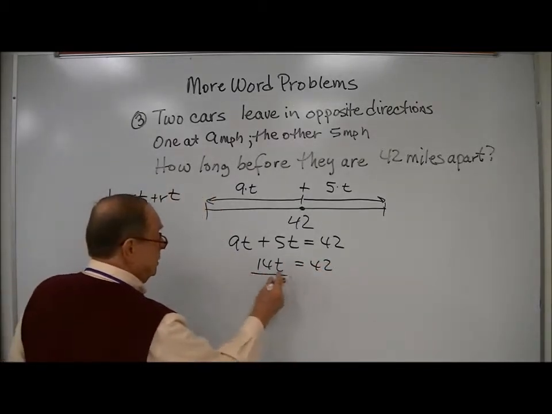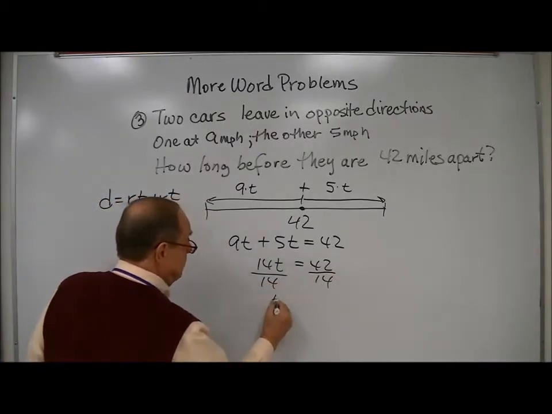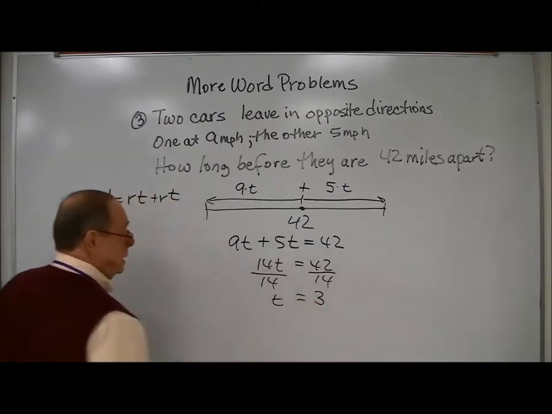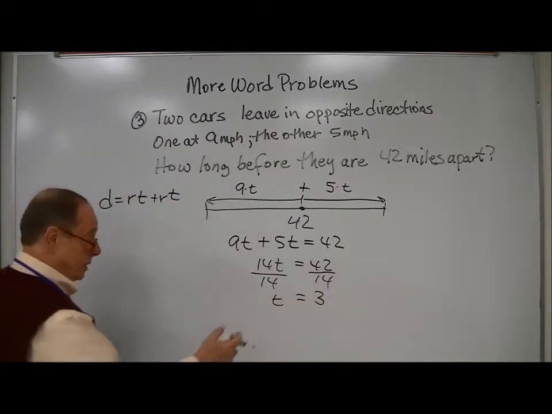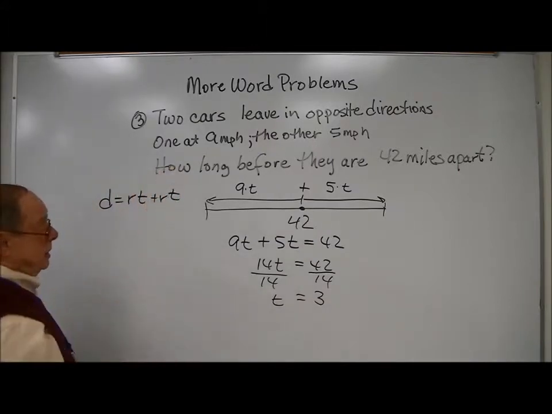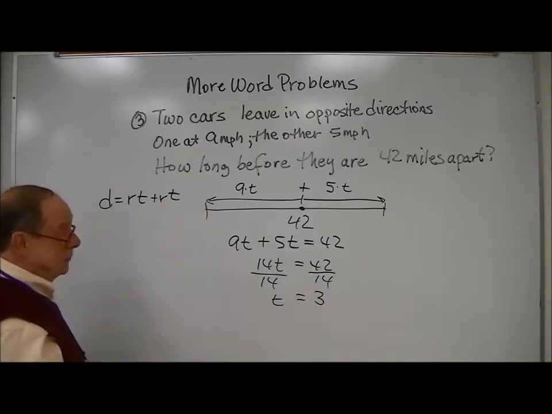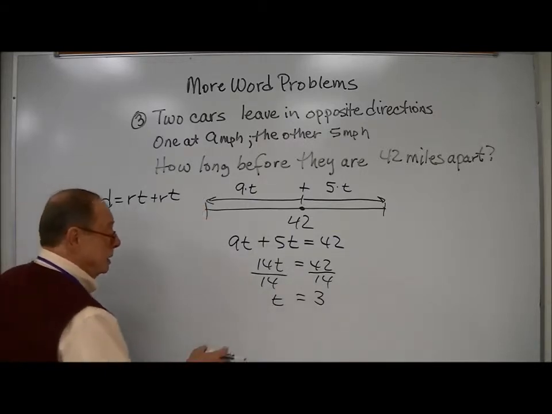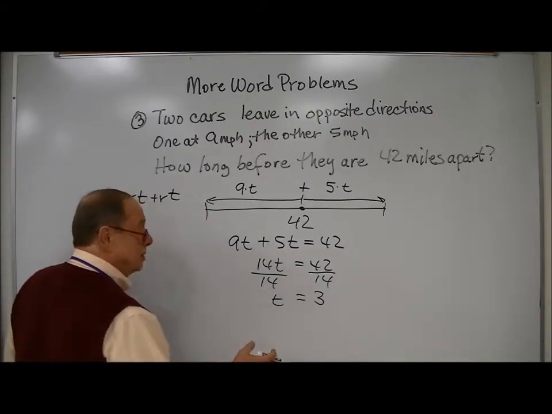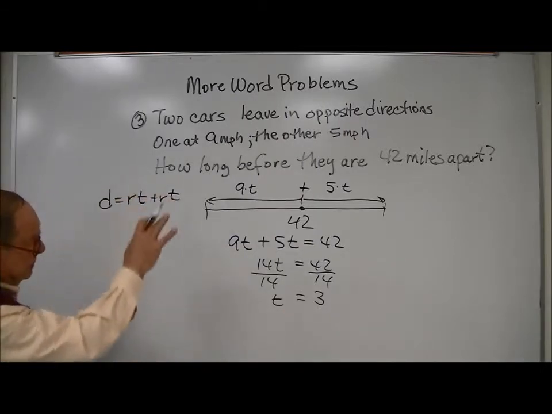Divide both sides by the numerical coefficient of our variable. t equals 3 hours. So the answer statement will be, how long before they are 42 miles apart? They will be 42 miles apart in 3 hours. And that was how we set it up.